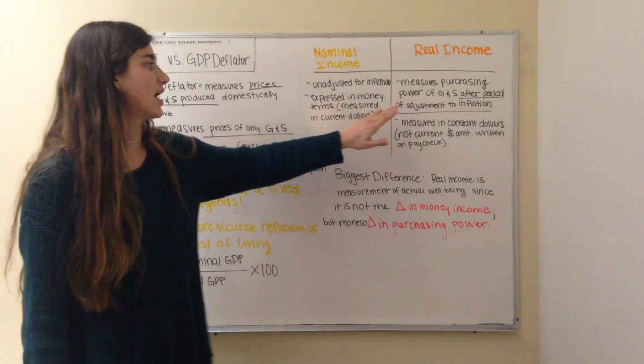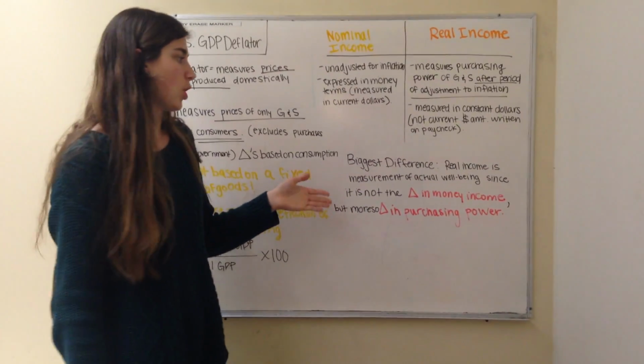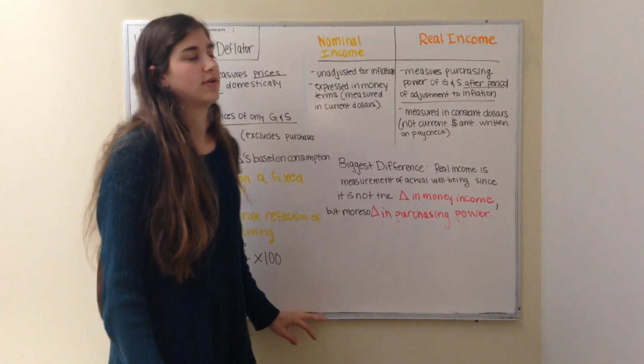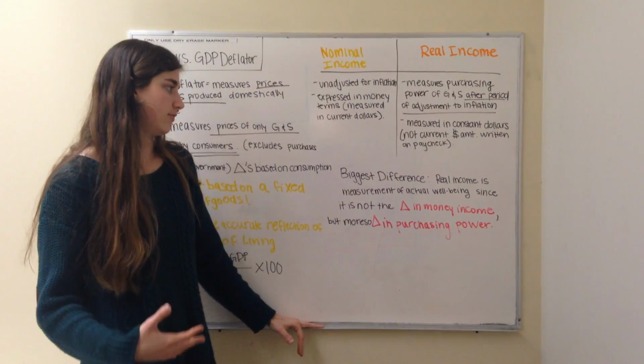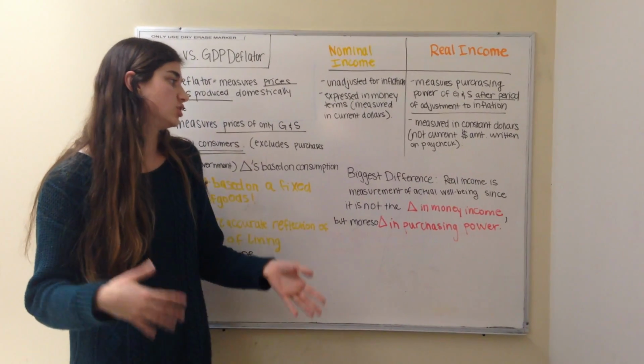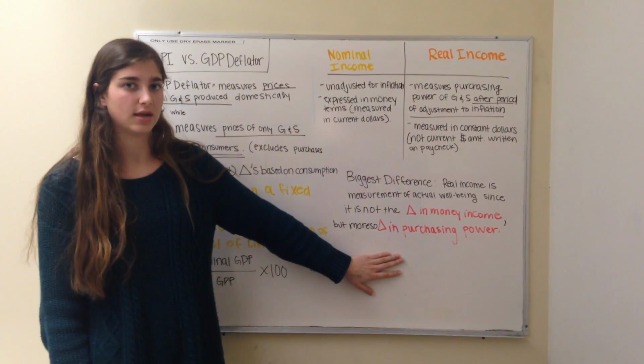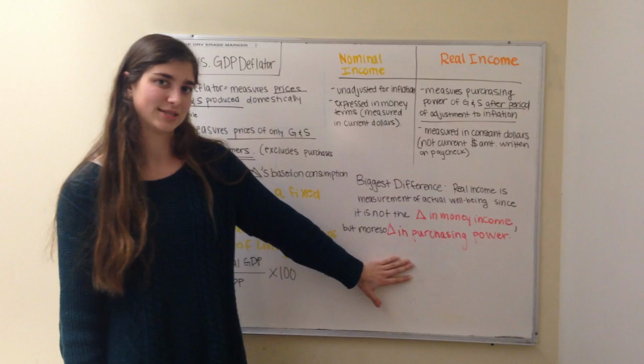So, unadjustment and adjustment. And I found that the biggest difference between the two was that real income is a measurement of the actual well-being of somebody's economic standpoint, since it is not necessarily the change in the money income, but more so the change in the purchasing power that that person possesses.